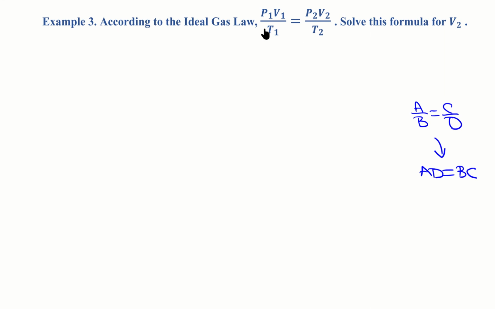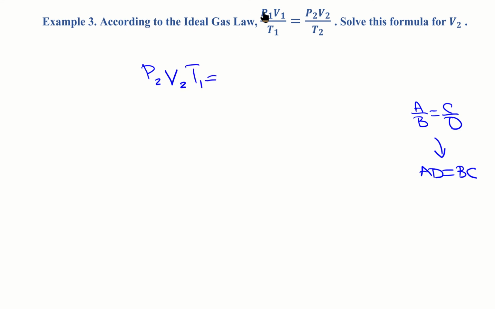All right, so here we do have a proportion scenario, so we're going to go ahead and cross multiply. It's the fastest way to get a solution when you have a proportion, so for any of the letters. So we want to solve for V2, so let me write this product first. That way it'll be on the left side, it'll look a little bit nicer. So we have P2 V2 T1.